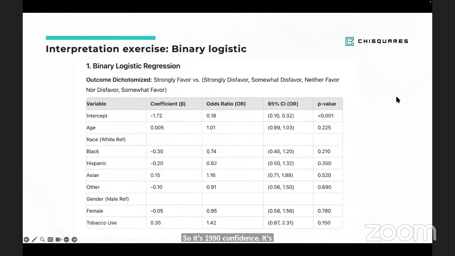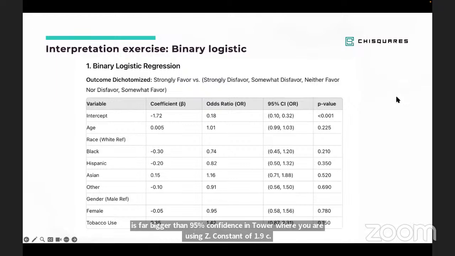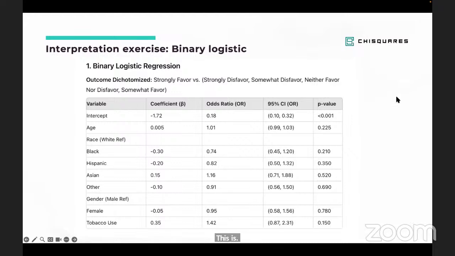And also looking at your Z distribution, you are using a Z constant of like 2.58, which is far bigger than the 95% confidence interval, where you are using a Z constant of 1.96. As a result of that, you tend to cover a wider range compared to that of the 95% confidence interval. Okay, thank you.